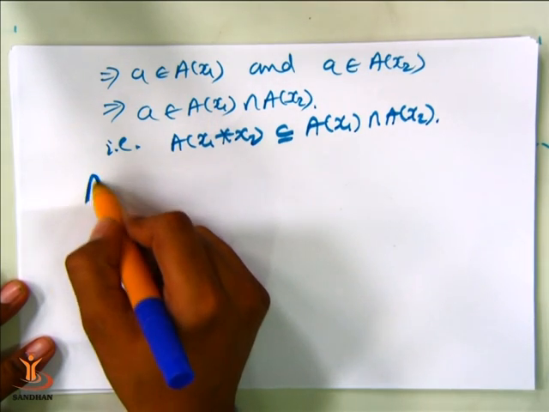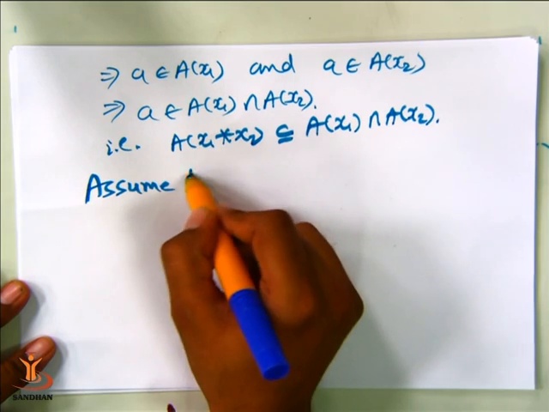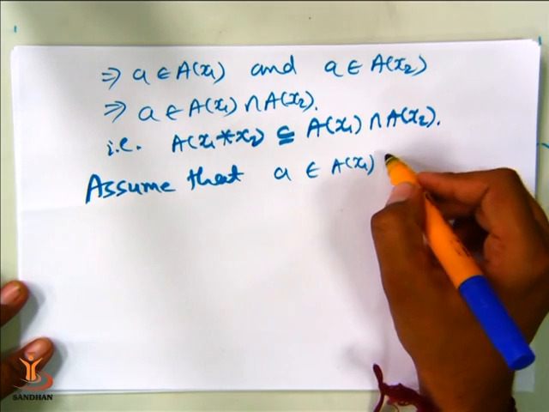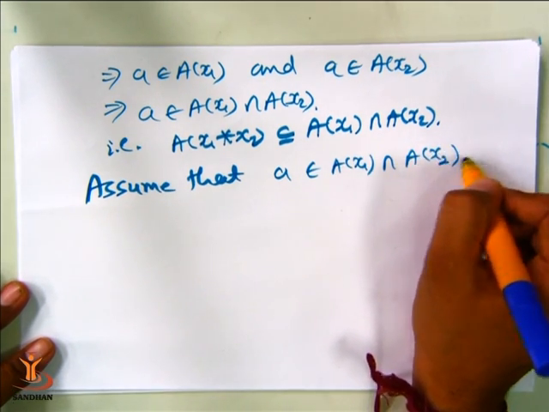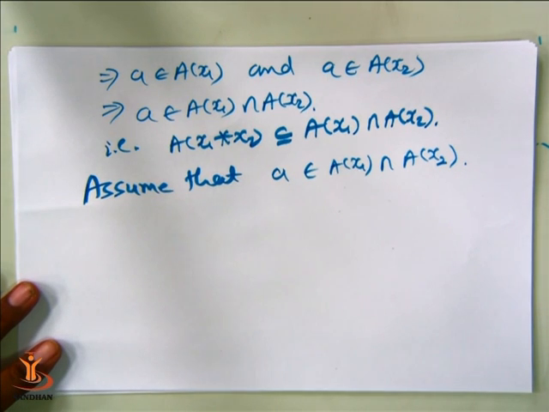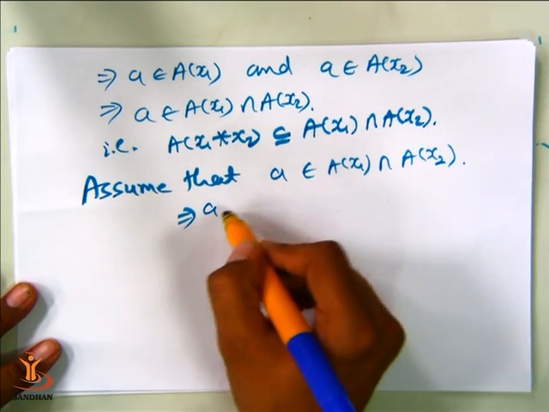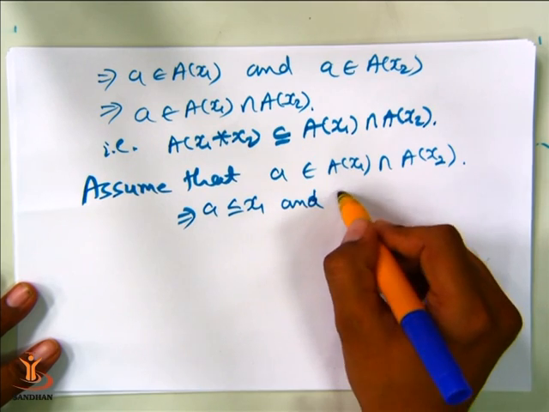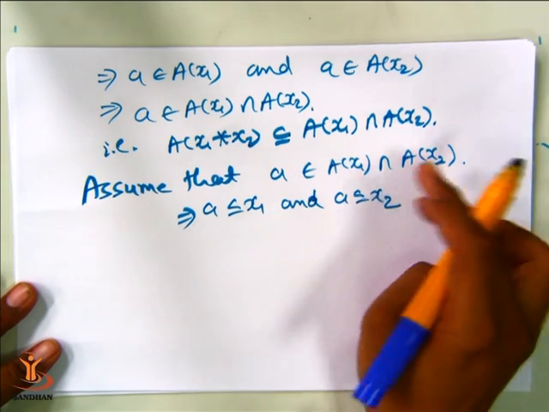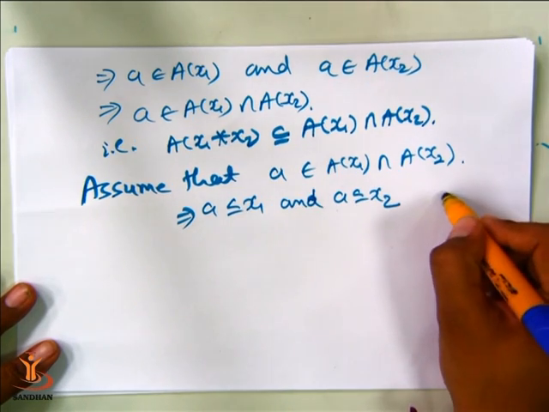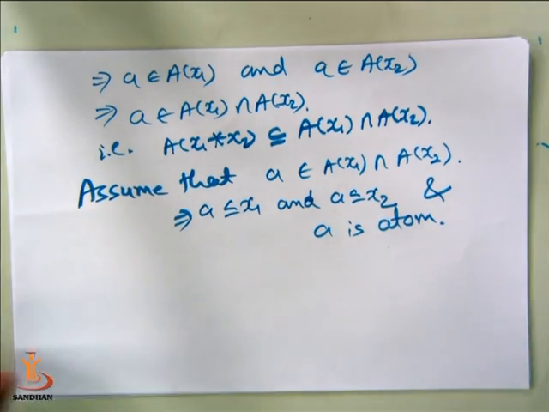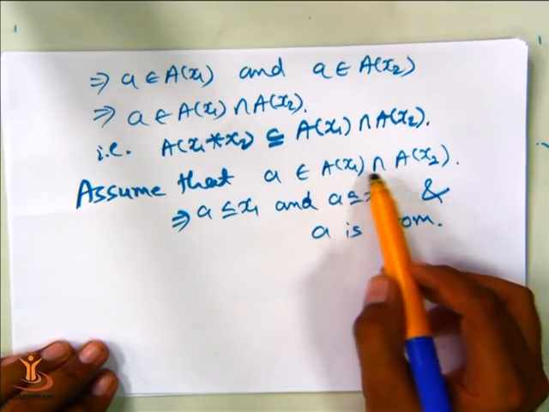For that, assume that a is an element of A of x1 intersection A of x2. That implies we get a is less than or equal to x1 and a is less than or equal to x2 from the two statements, and a is an atom. This happened because a is an element of A of x1 intersection A of x2.